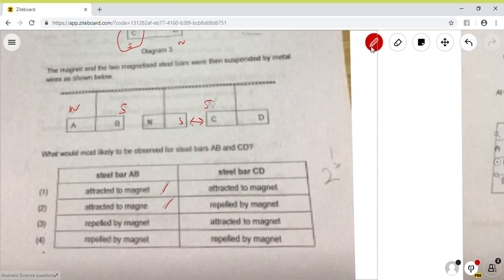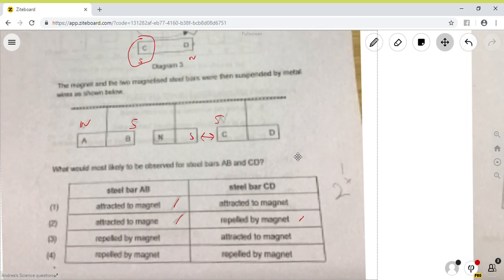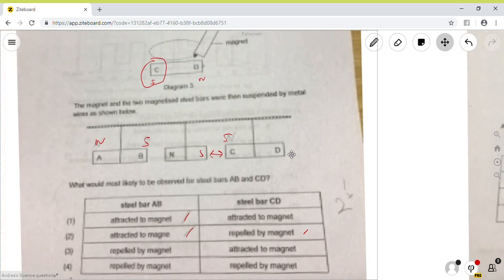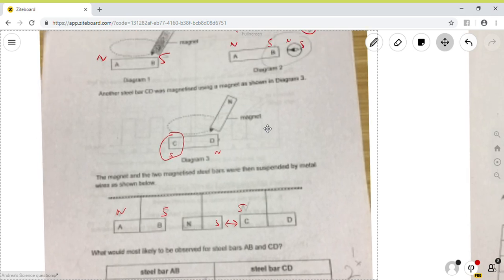So my option is 2. Yeah, that's right. Is it okay? What did she put, 1? The answer is 1. Attract to magnet. How come? CD, magnetized using a magnet shown.